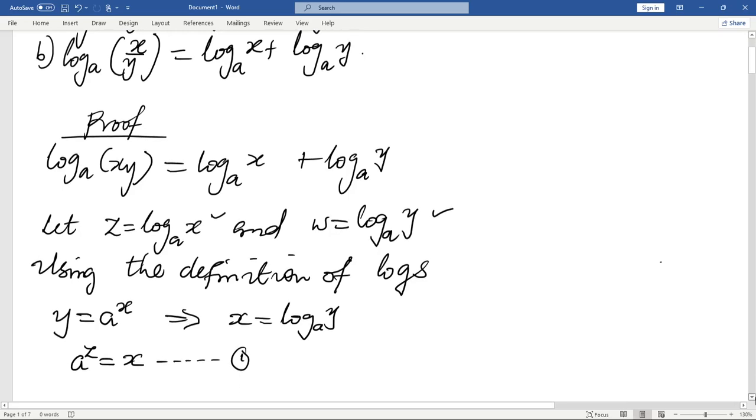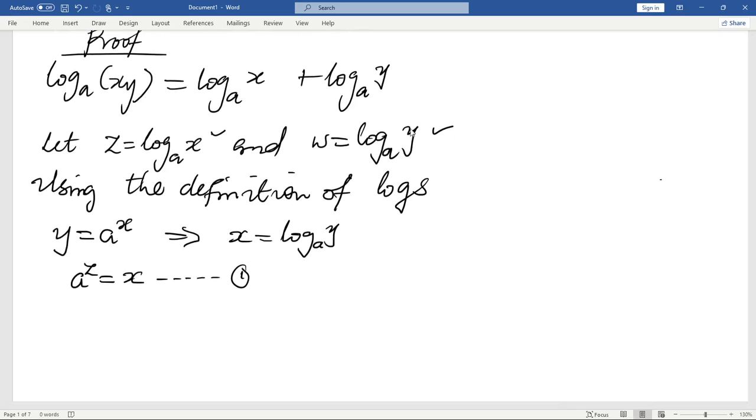Then we convert this one as well into its exponential form. We have a to the power w is equal to y. Now we check: these two functions inside the logs are being multiplied, so we're simply multiplying 1 by 2.